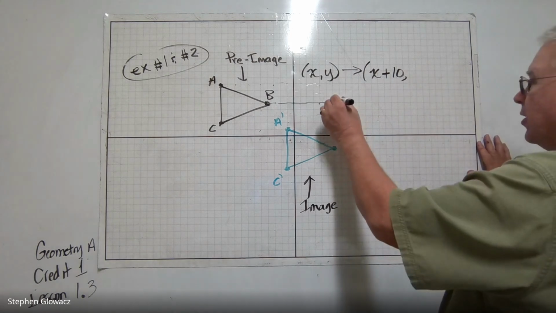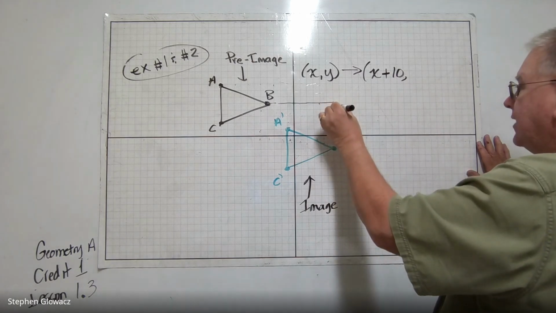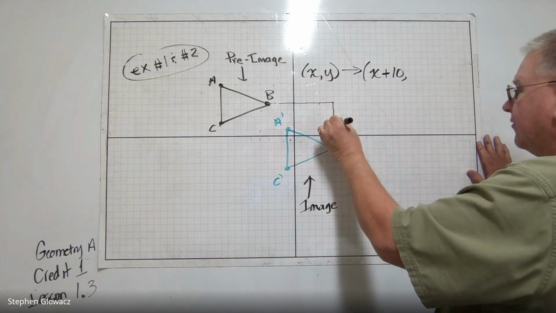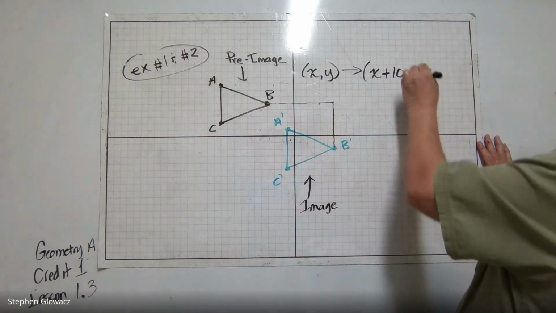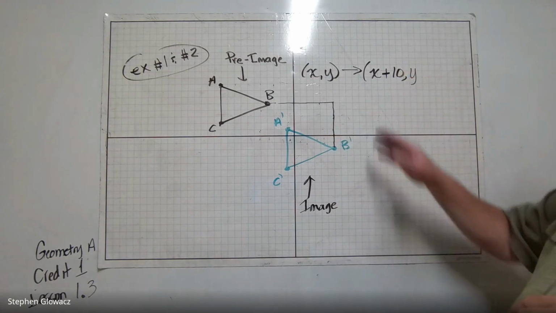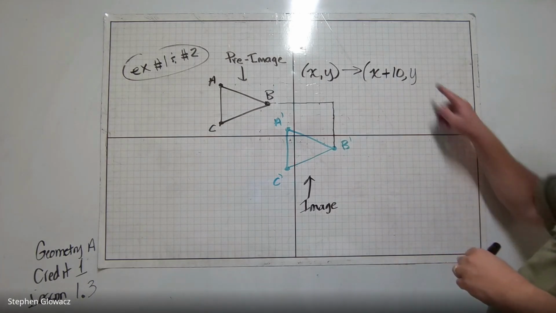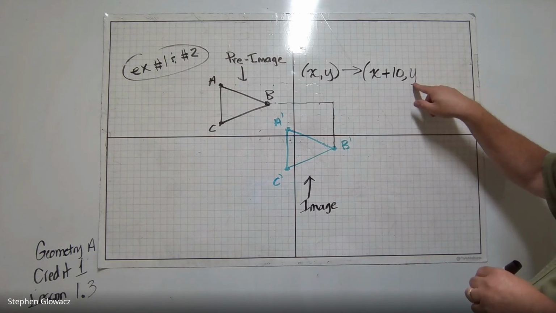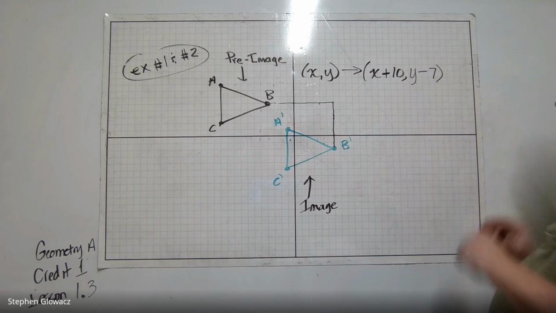And then to get to B prime, we have to go down 1, 2, 3, 4, 5, 6, 7 squares. That's our Y direction movement, parallel to the y-axis. Up and down is always Y, and since we're going down, that's minus 7.